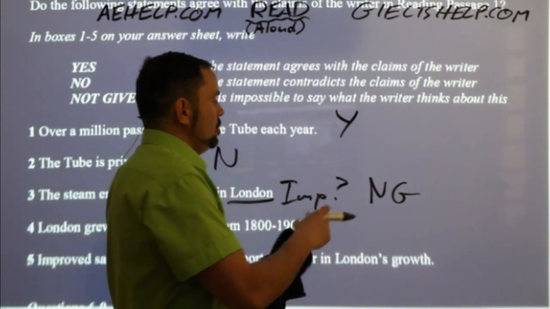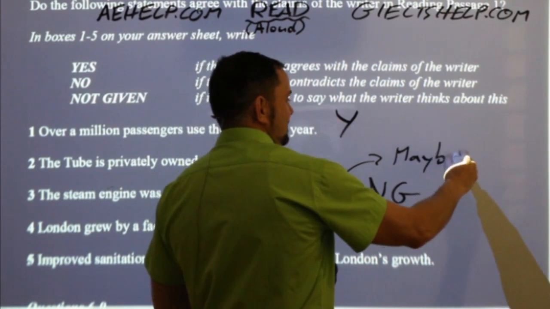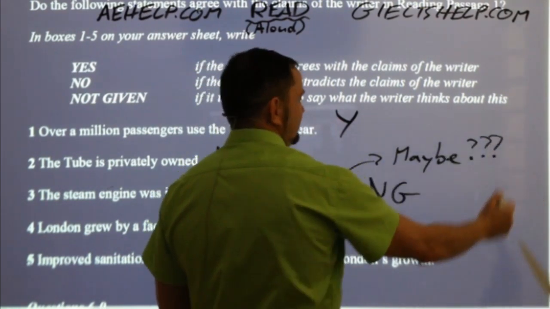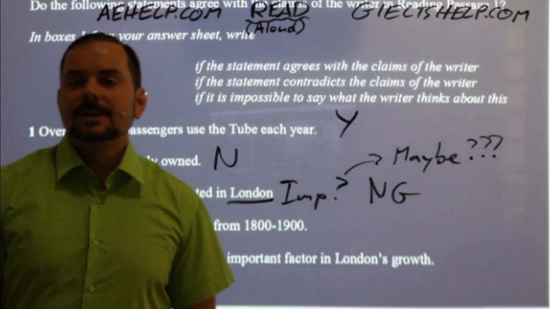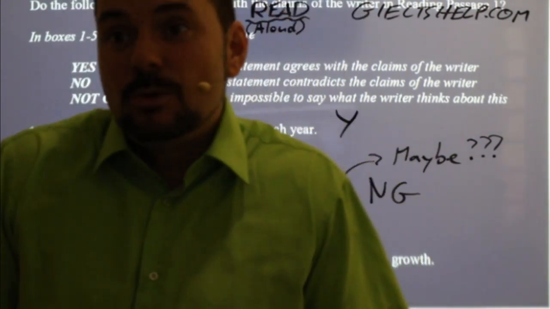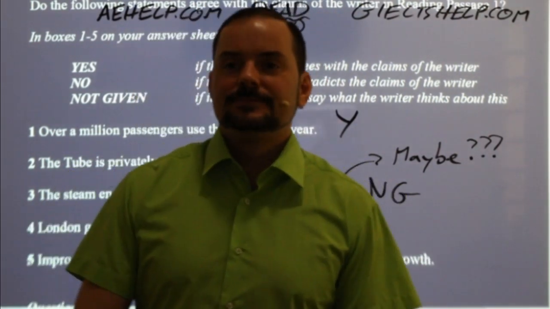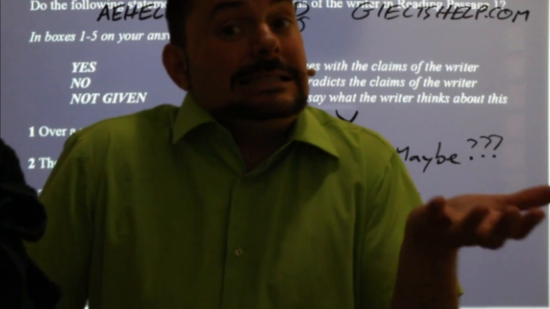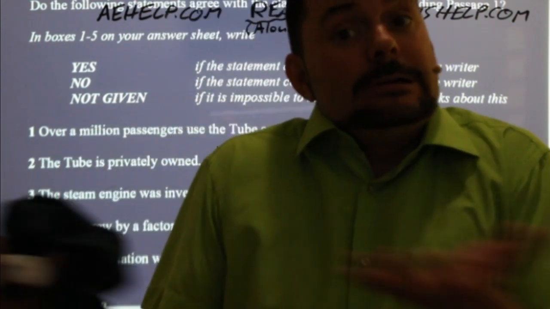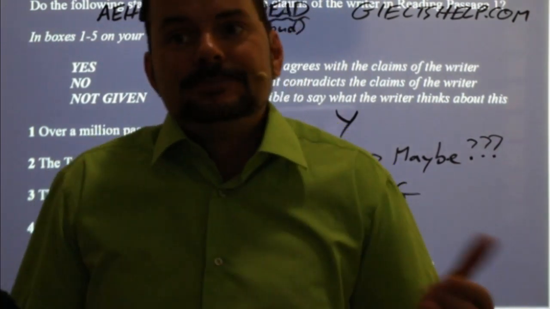So what should you do if your answer to this question is maybe? If you're not sure. If you can't say, well, it's maybe important, not important, steam engine, it's kind of the metro.